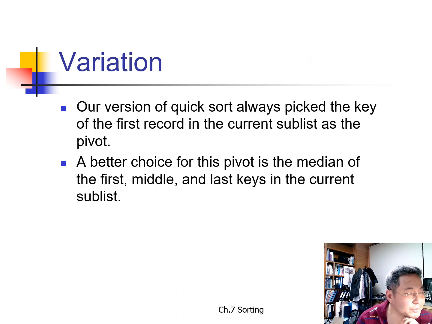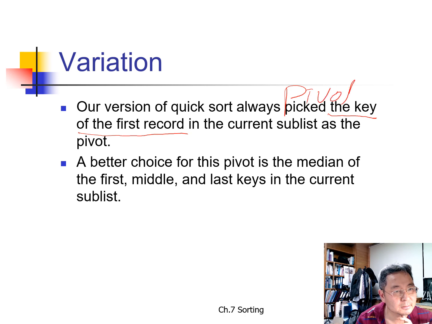Okay, variations can exist over this quicksort. Our current version uses the pivot value. We picked the key of the first record as the pivot value.